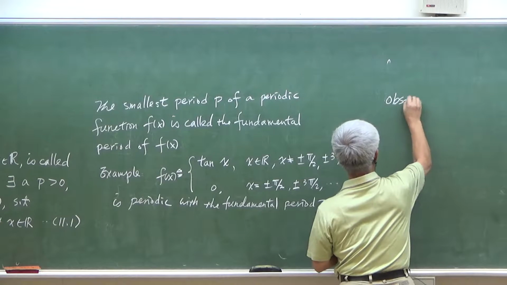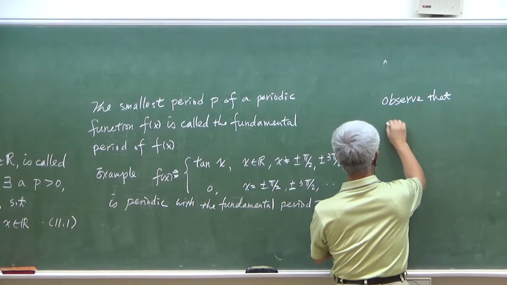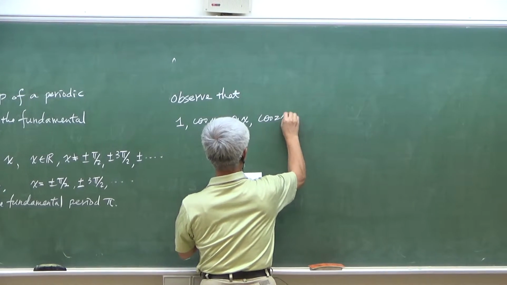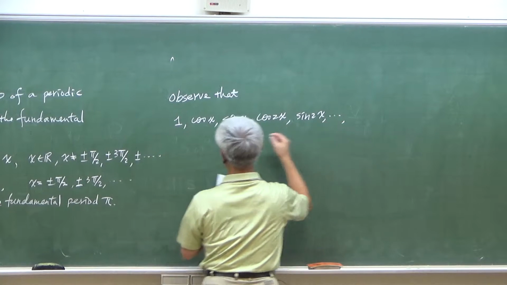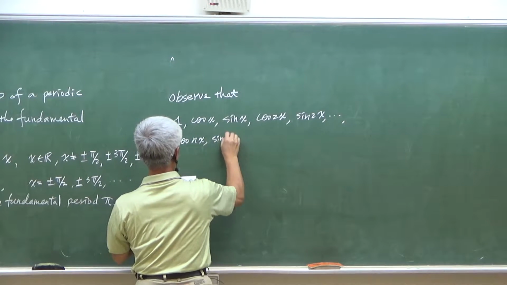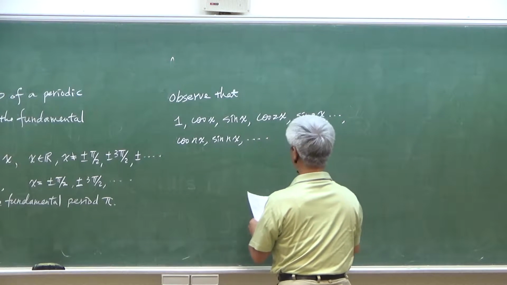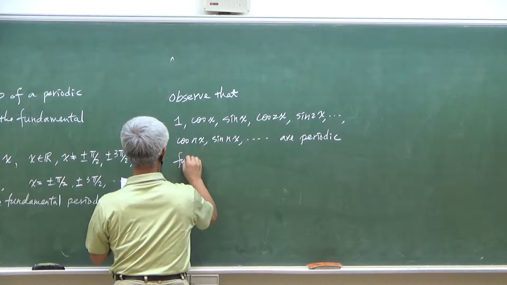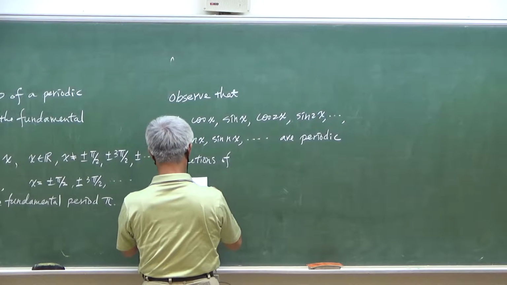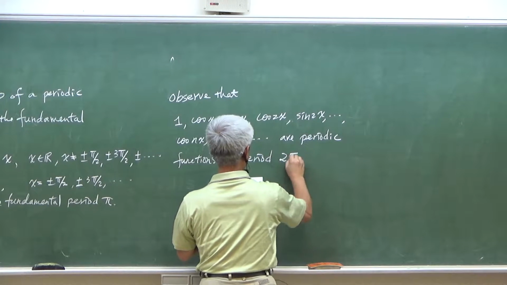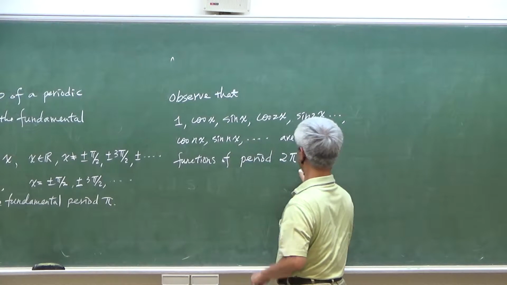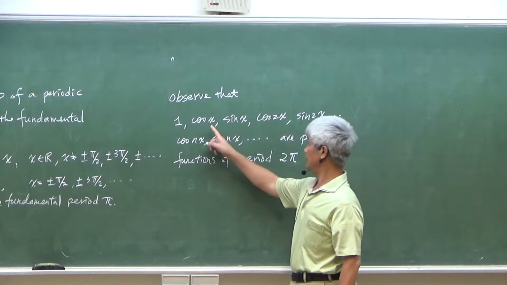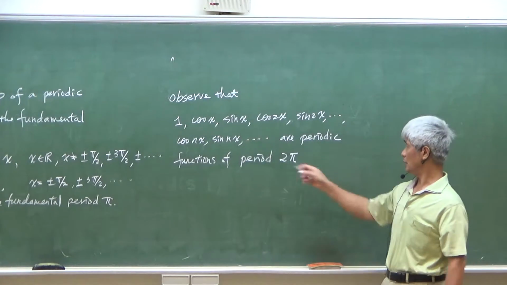Now we observe that 1, cosine x, sin x, cosine 2x, sin 2x, up to cosine nx, sin nx are all periodic functions with period 2 pi.